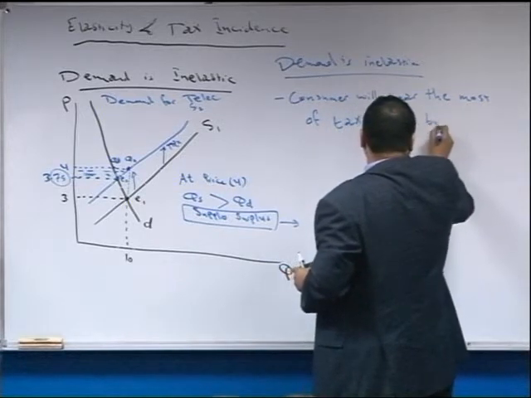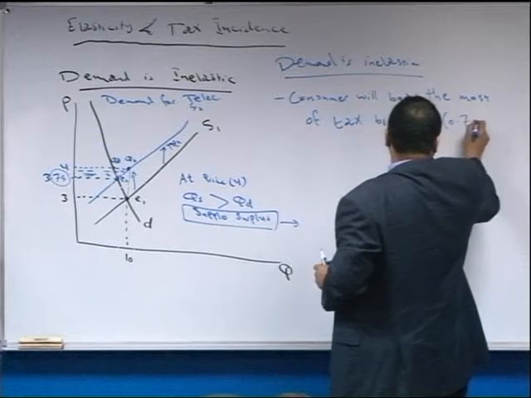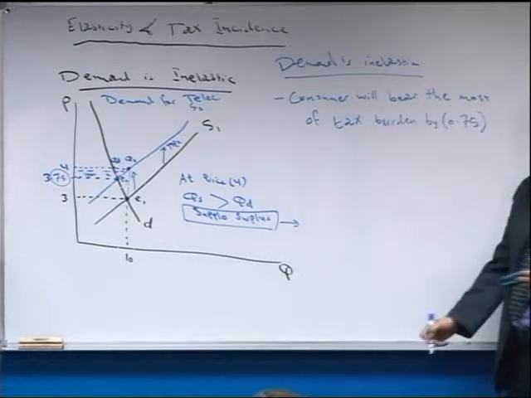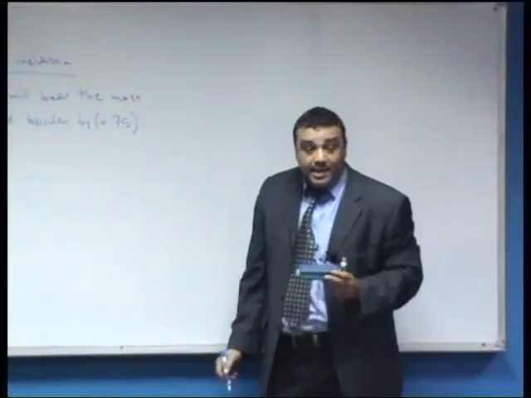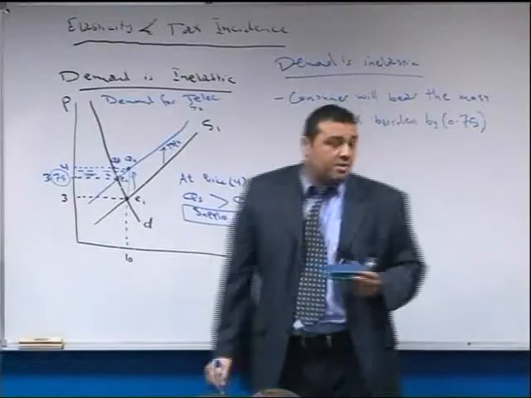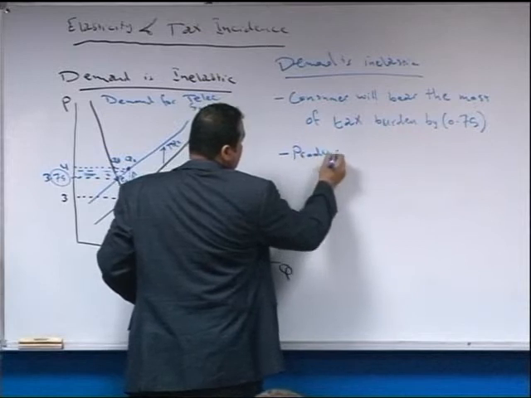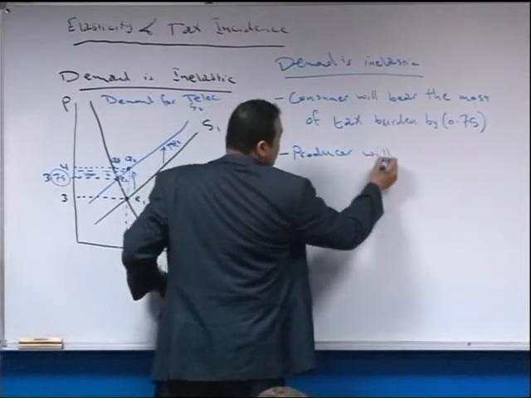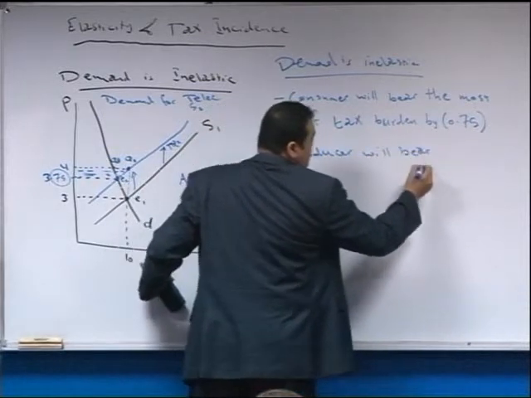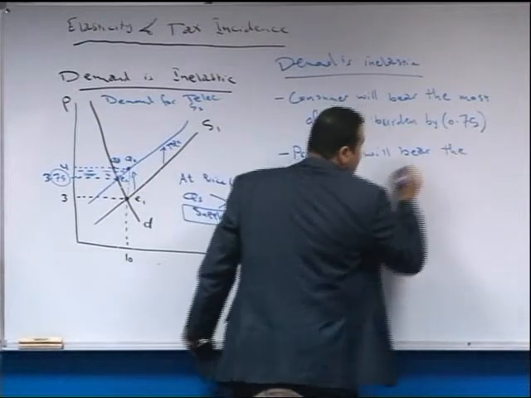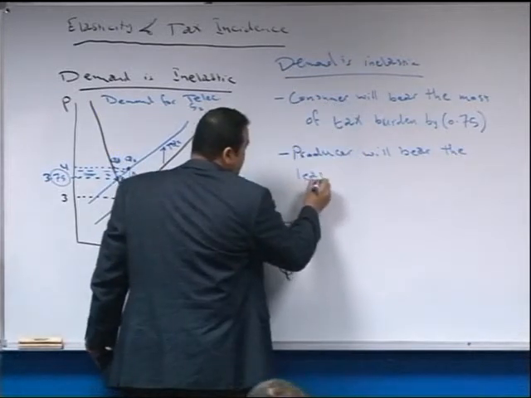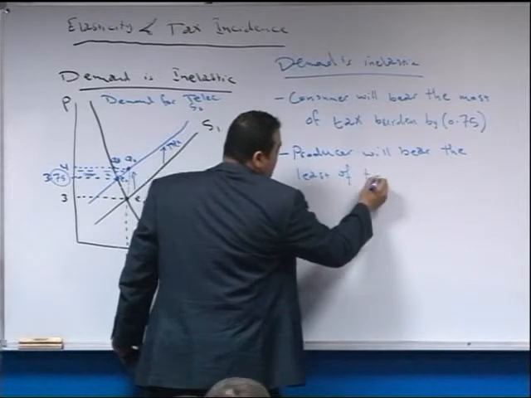By how much? $0.75, right? And the producer will bear the least of the tax burden.